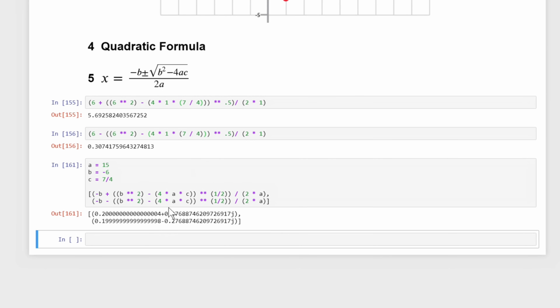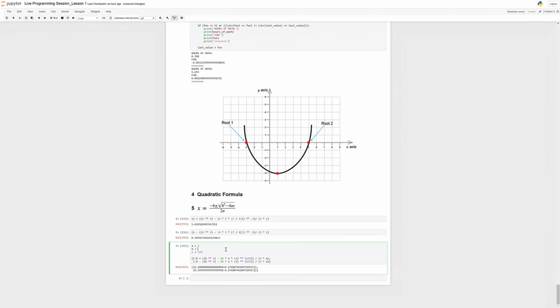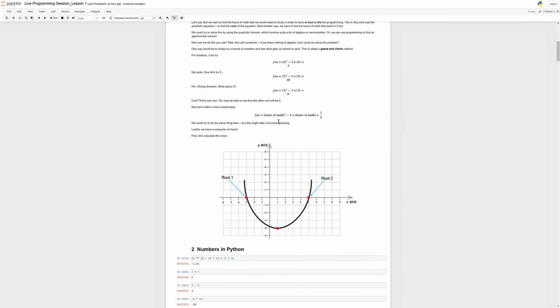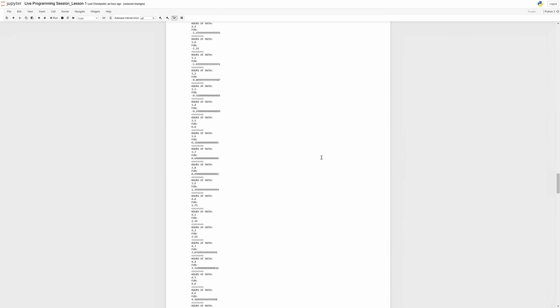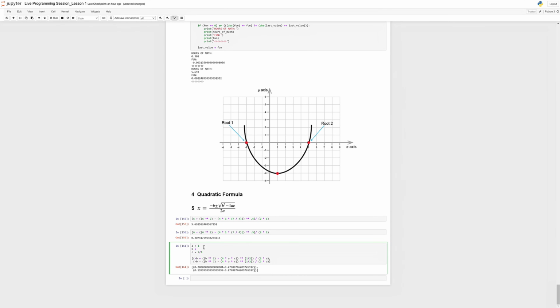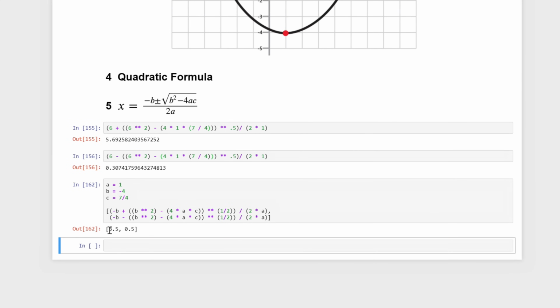And probably a nicer way of handling this is, if we remember the original equation we were trying to solve, all the way up here was using 1, -4, and 7/4. So if we solve for that, just to do a quick sense check, then we could do 1, -4, and 7/4. And then we get the answers that we found before.